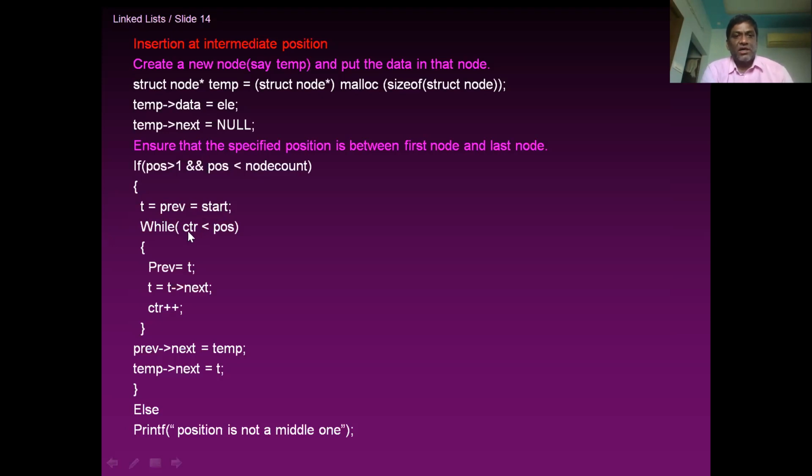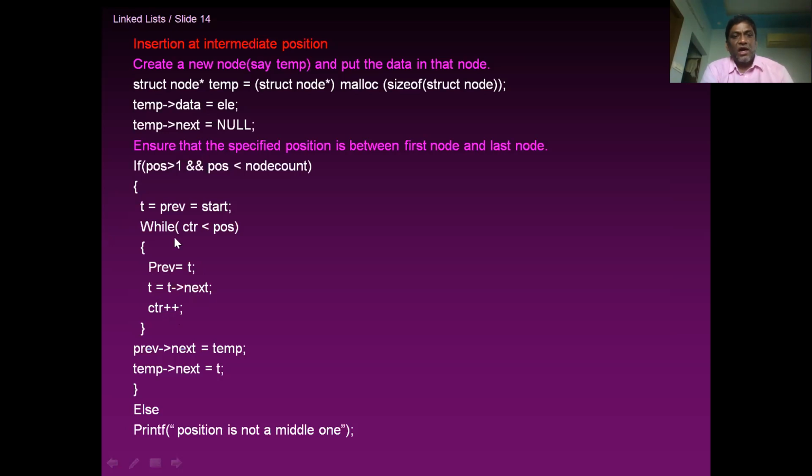And we check whether ctr, a variable, is less than position. ctr is initially 1. If ctr is less than the position where we want to insert a new node, then previous is equal to t, t is equal to t next, ctr plus plus. So we move previous to the position of t and t to the next position.